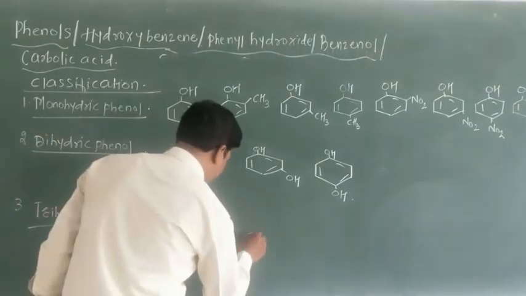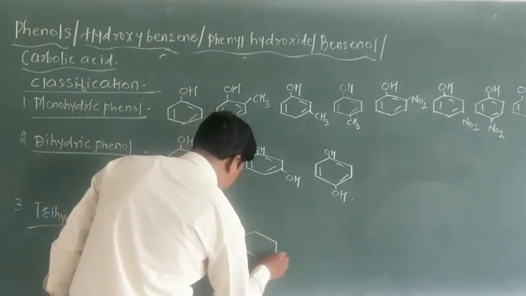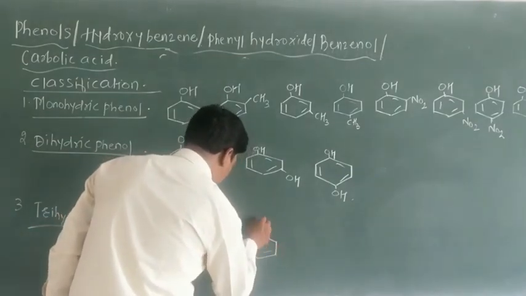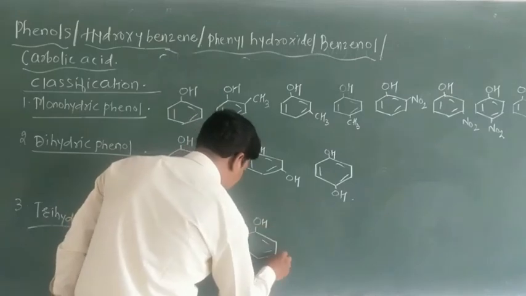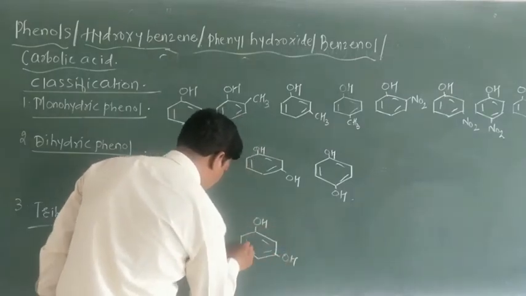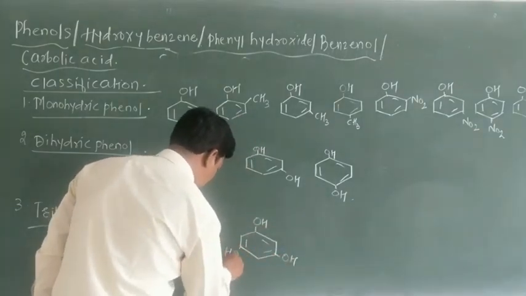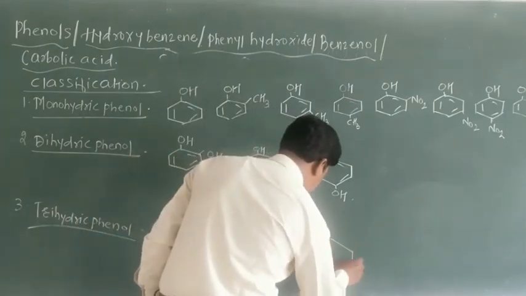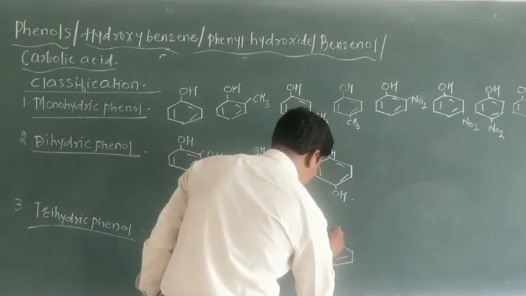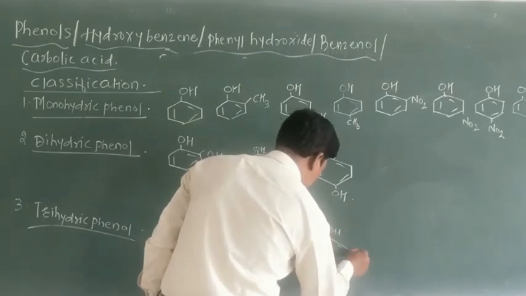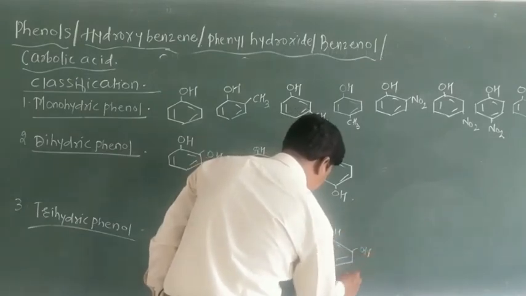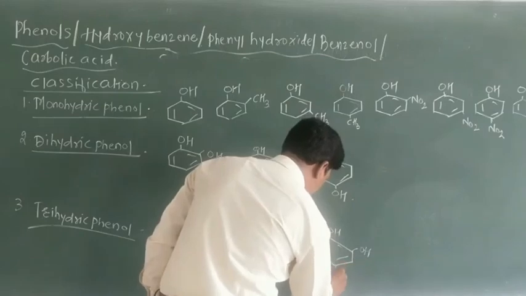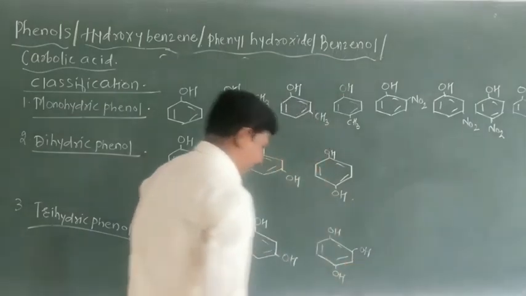Then the next example is like this, OH and OH here, and one more structure I will write here, benzene ring. On the benzene ring, 3 OH groups are present.